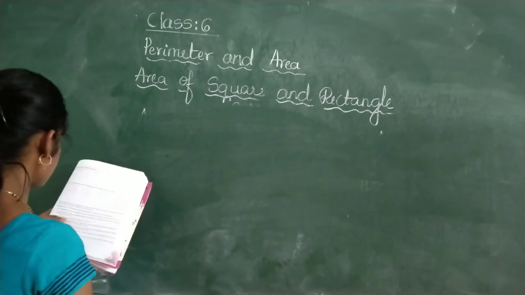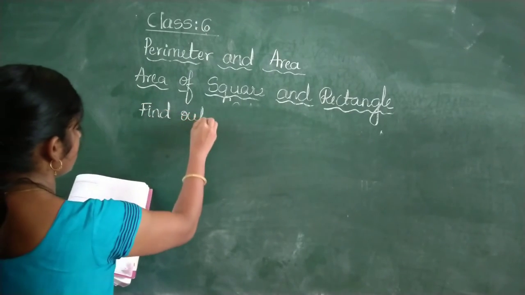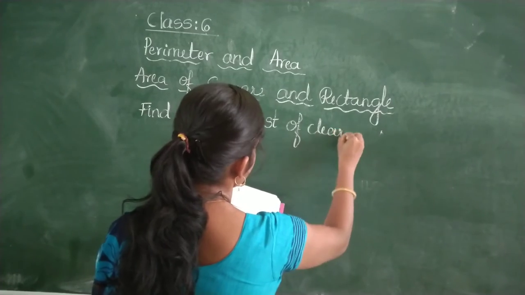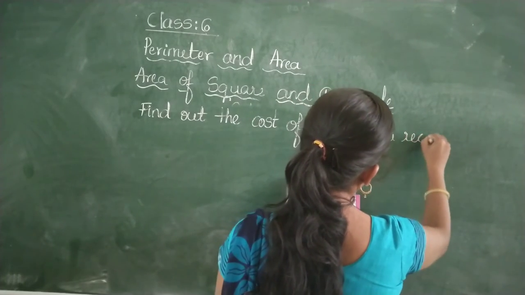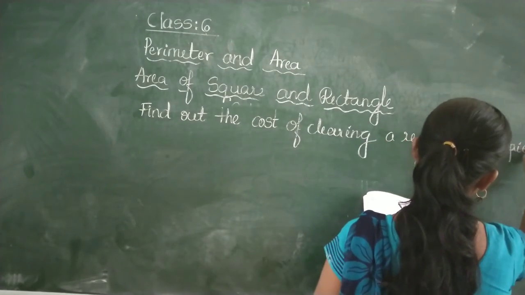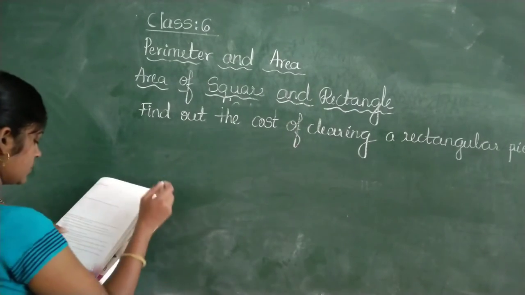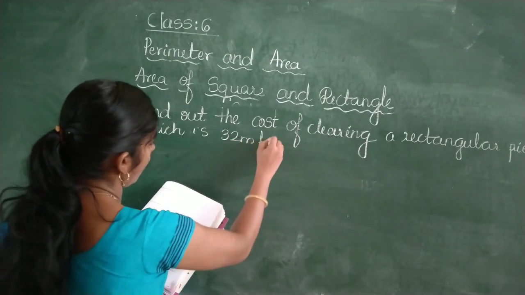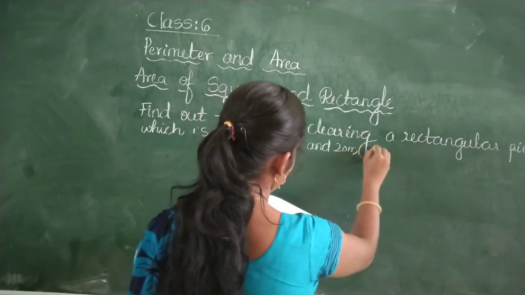I will solve one more example, and that is: find out the cost of clearing a rectangular piece of land which is 32 meter long. 32 meter long means it is its length, and 20 meter wide.